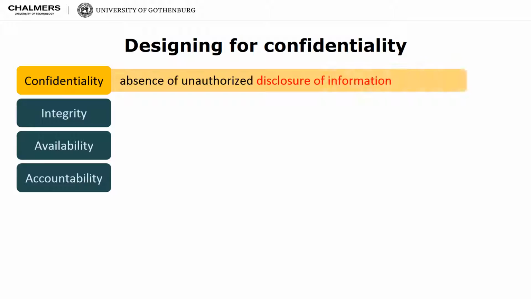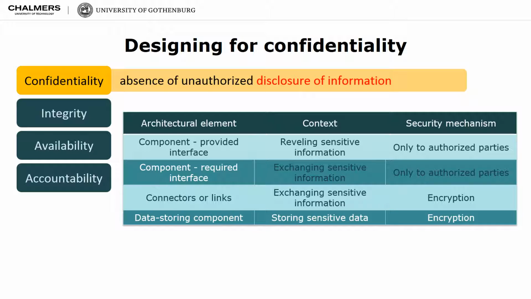From an architectural perspective, preserving confidentiality requires that the architect identifies those components that are dealing with sensitive information. For instance, they handle or store sensitive information. And for components that are revealing or exchanging such sensitive information, the architect has to ensure that proper authorization is used so that sensitive information is revealed only to authorized parties, for instance, via the provided and the required interfaces.